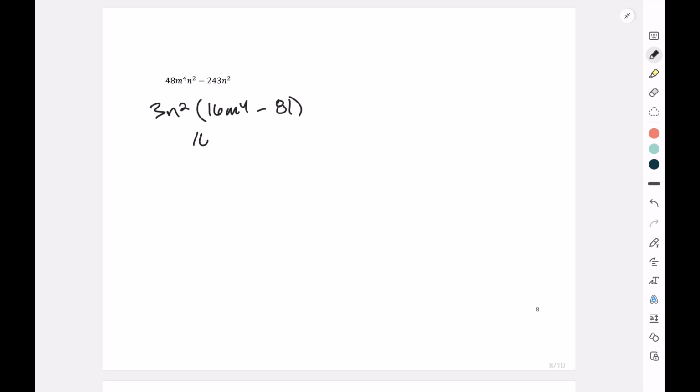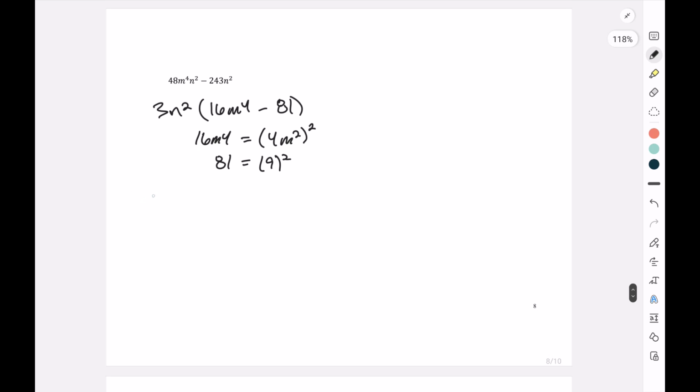And so 16m to the 4th we can write as 4m squared, in parentheses squared, and 81 we can write as 9 squared. We can put in the form 3n squared, 4m squared minus 9, and 4m squared plus 9.